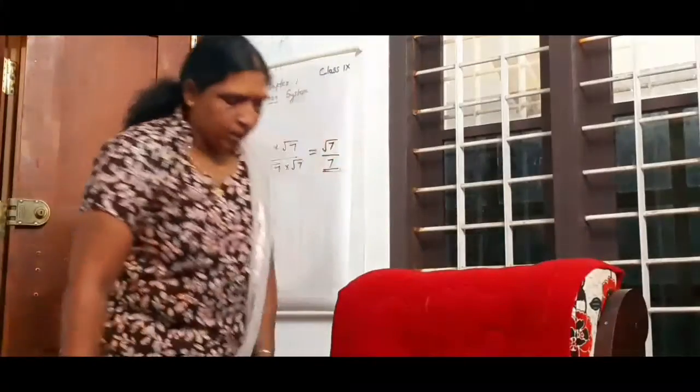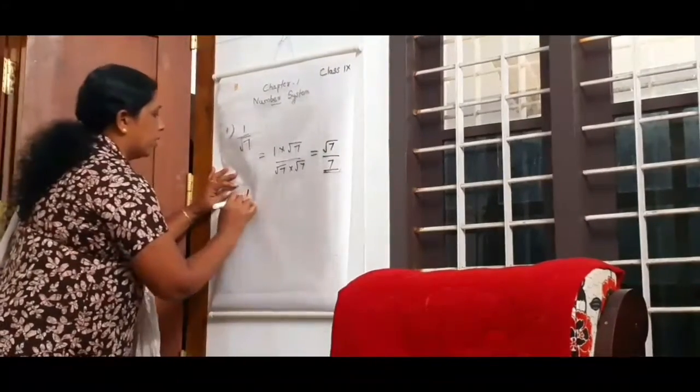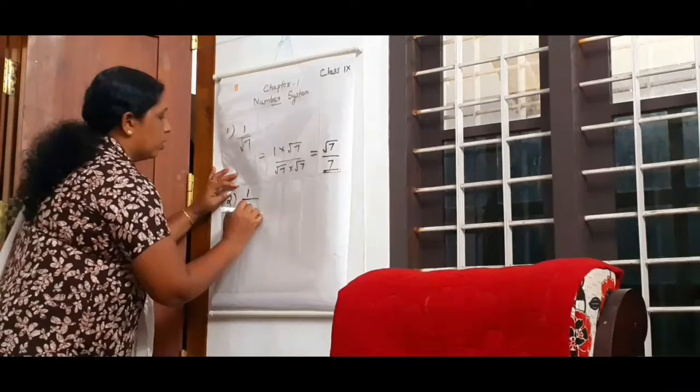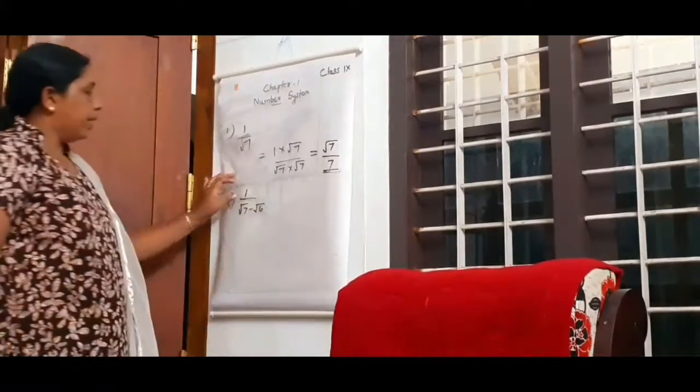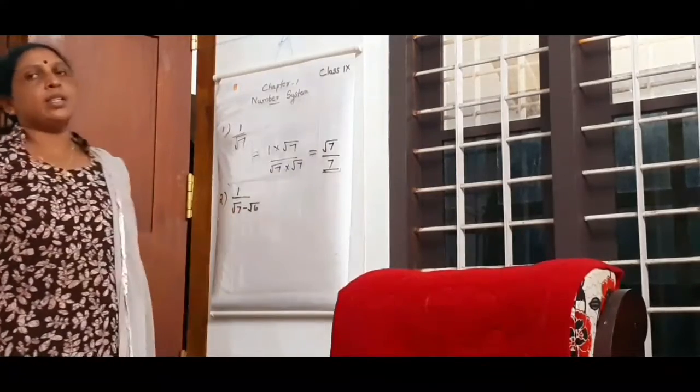1 by root 7 minus root 6. 1 by root 7 minus root 6.